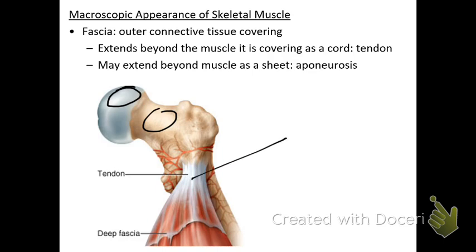I'm seeing tendon here. Remember, tendon is composed of dense, regular connective tissue. Under the microscope, dense, regular connective tissue, remember, has those long, stringy, wavy patterns of tightly packed collagen fibers.